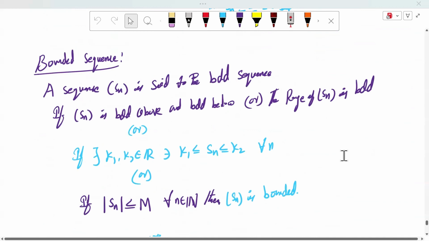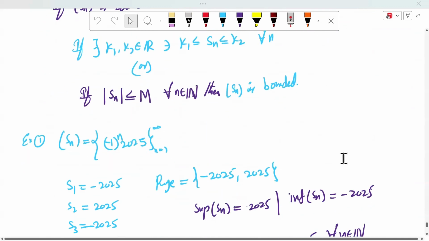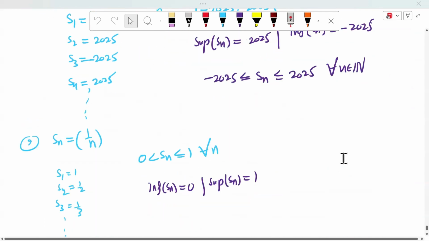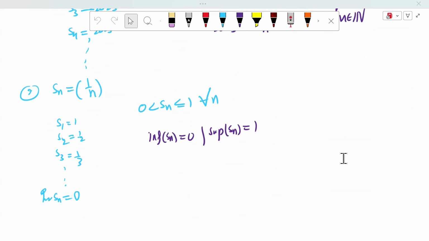Bounded sequence. Okay, right. Some examples of the bounded sequence. We know that very well. So Sn is equal to 1 by n. Supremum is 1, infimum is 0. So there exist an infimum and a supremum. Therefore, this sequence is bounded.